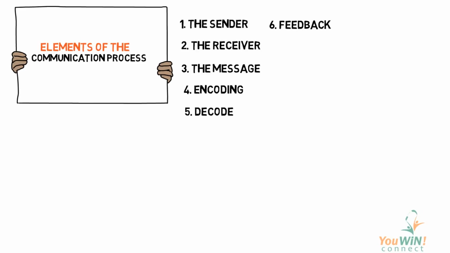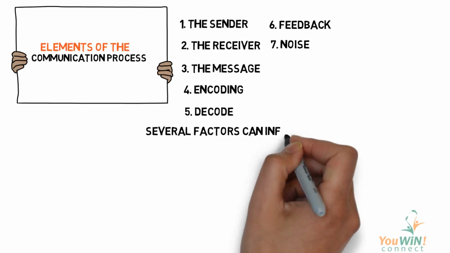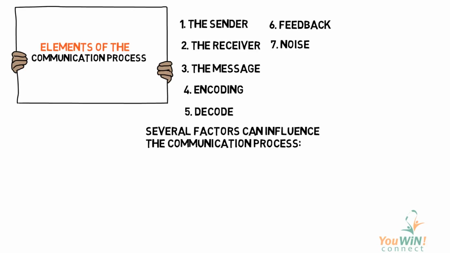The sender can also send feedback back to the receiver if the receiver does not understand the message. Noise can also affect the encoding or decoding of a message. Noise can be emotion, it can be the setting, it can also be the context in which the message is sent.